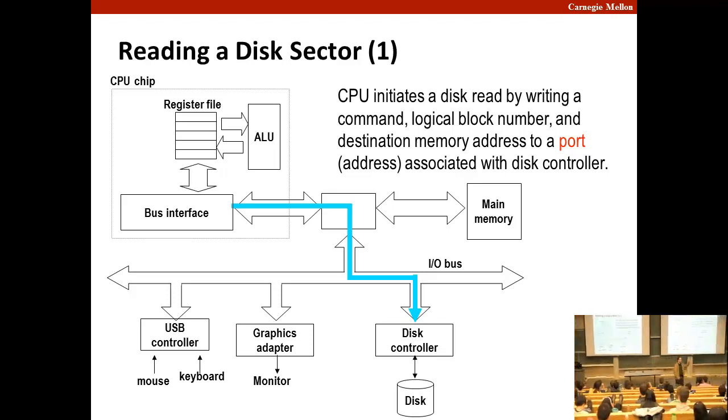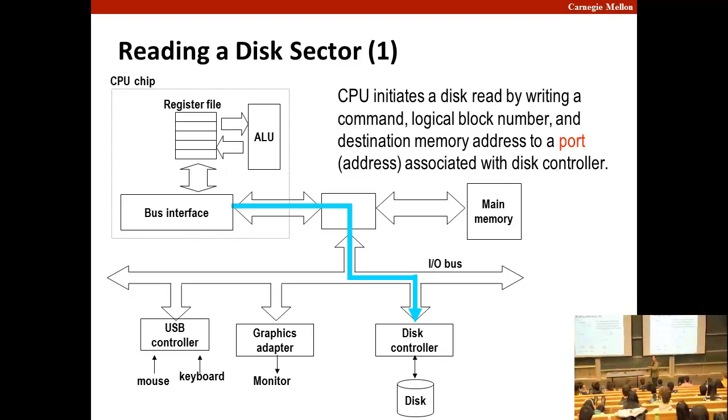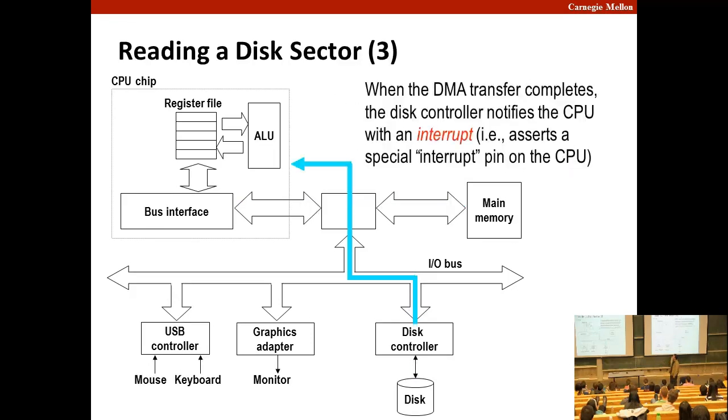Then an interrupt handler fired off. The processor stopped what it was doing, went and got the data from the disk and copied it to memory, unblocked the process that was blocked, and then went back to what it was doing. So the main CPU was coordinating this communication between the disk and memory.